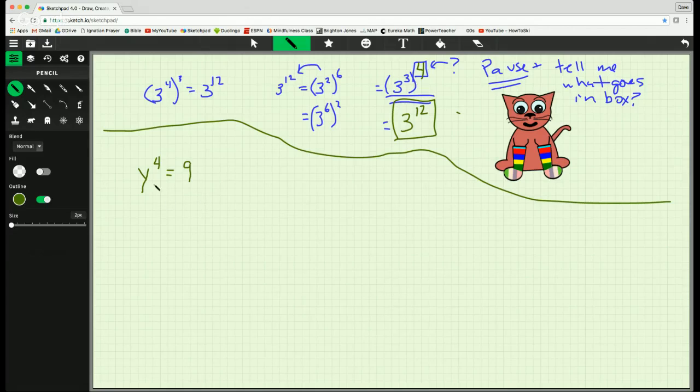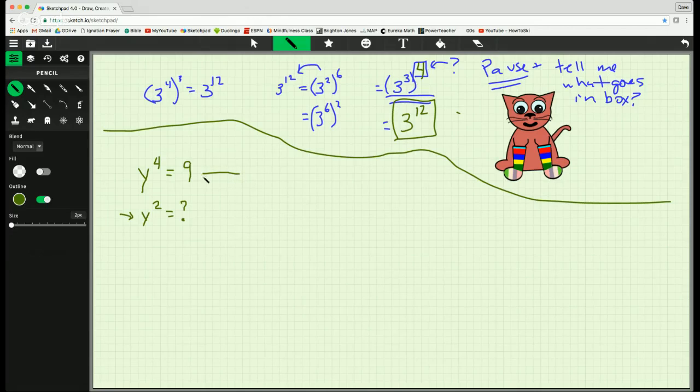But what if I said if y to the 4th equals 9, then I want to know what y squared equals. Well, I'll show you how you can figure this out. And this is a problem that, again, appears in the lesson.